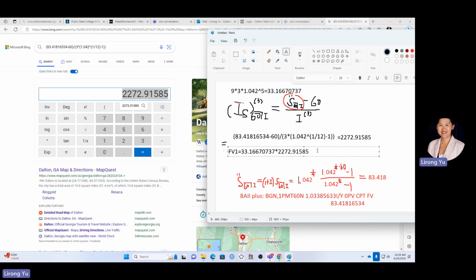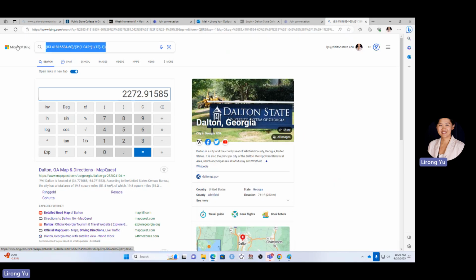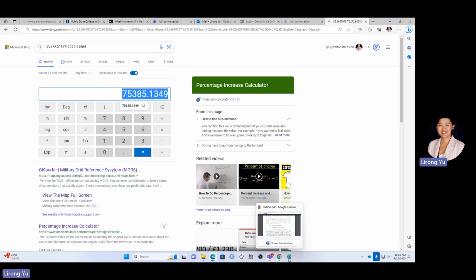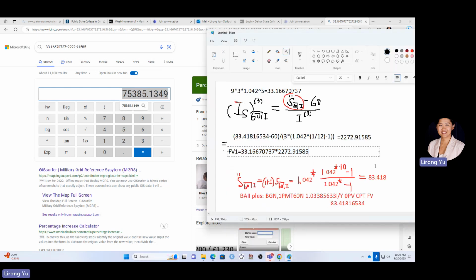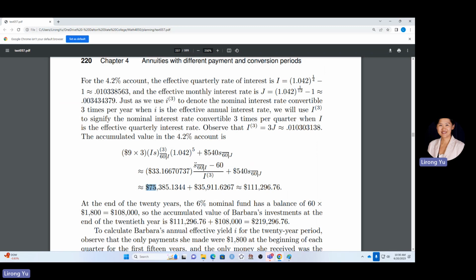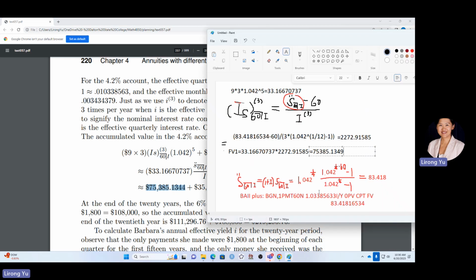Let's see if it copies. All right, and then these two multiplied together is the calculation, and that is the same as what you see in the book, to get the first future value. What we're getting, well, there are slight differences because of rounding error. Even though I tried to keep as many decimals as possible, I did round.